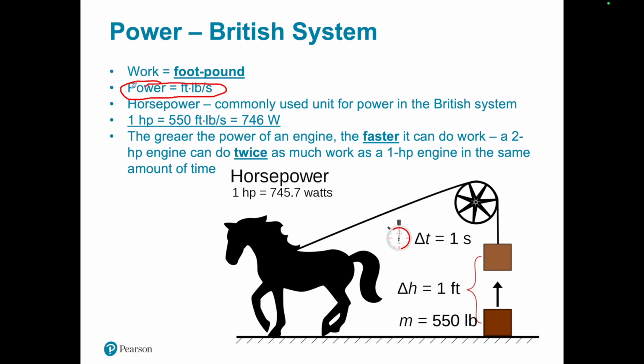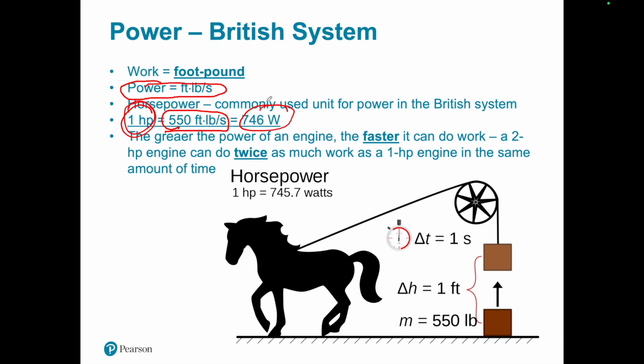Just like before it was joules per second, but now, since we're using the British system, it's foot-pounds per second, right? But an even more common way to think about power is horsepower, right? Whenever you're looking at a car and its engine and how fast it goes and all that kind of stuff, that's horsepower. 1 horsepower equals 550 foot-pounds per second, or 746 watts, right?